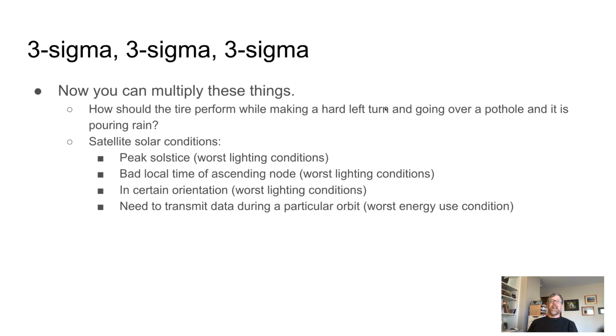How well does a tire handle going fast around a left turn? And how well does it handle going over a pothole? And then how does it handle every combination of those things? And those are called 3 Sigma, 3 Sigma, 3 Sigma events because you're multiplying them together. So they're super, super, super rare events.